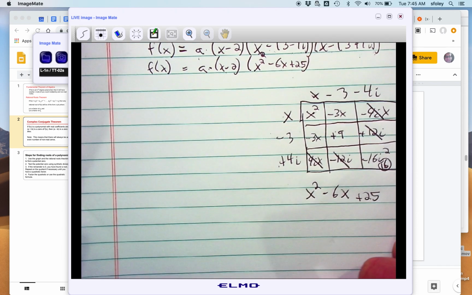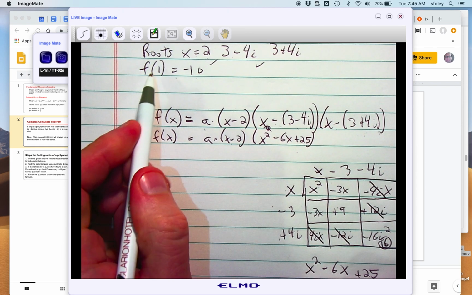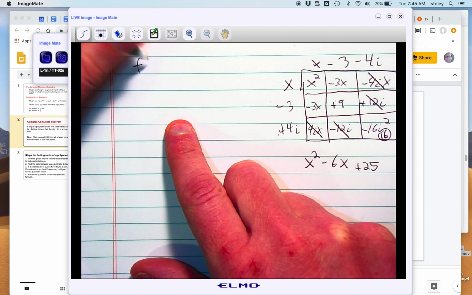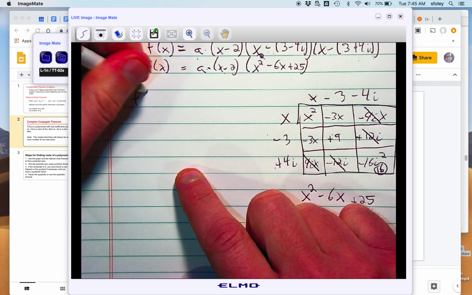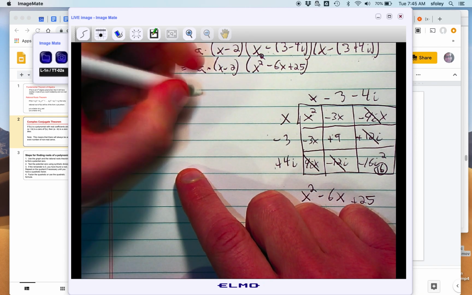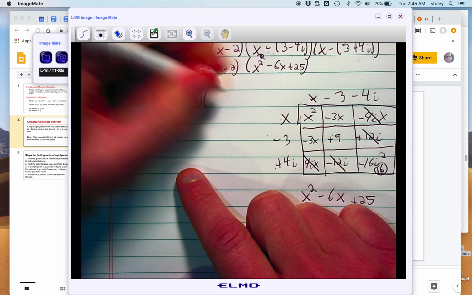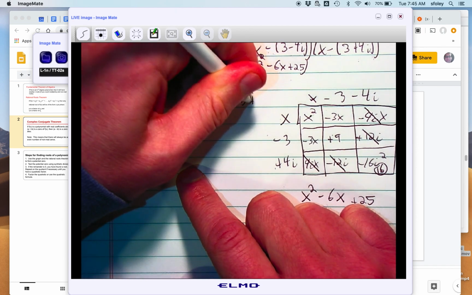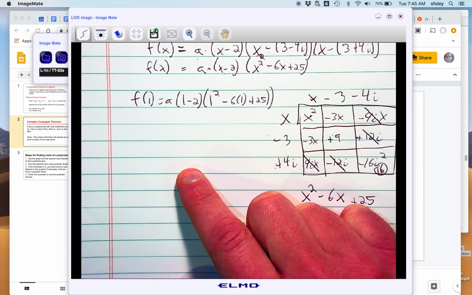So the last piece of the puzzle now is, remember, I was also told that f of 1 equals negative 10. And so that means when I plug in 1 to this equation, I'm supposed to get negative 10. And so I'm replacing all the x's with 1.